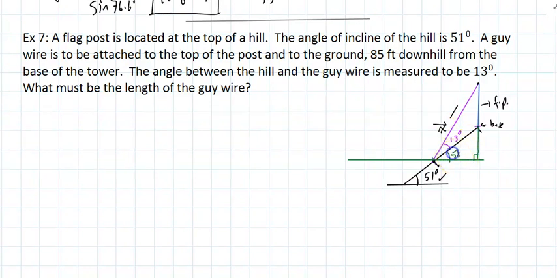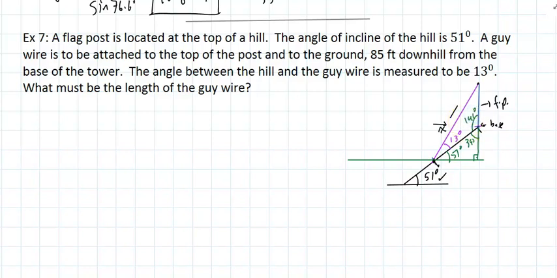This is 51 degrees, this is 90. I could figure out what this is. That's 90 minus 51, which is 39 degrees. And I could figure out what this is because that's a straight line. That's 180 minus 39, which is 141 degrees.